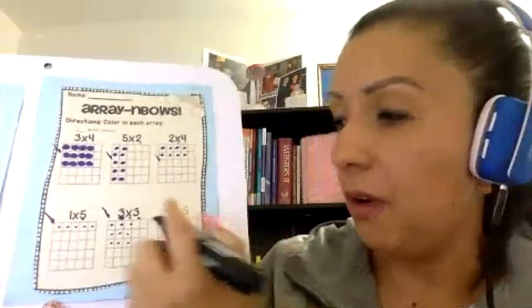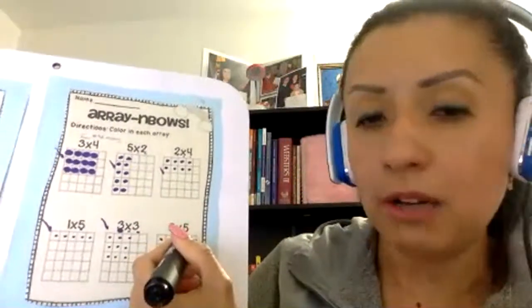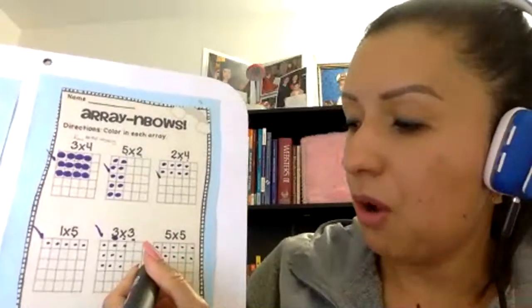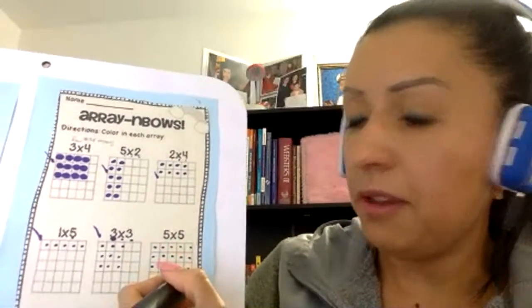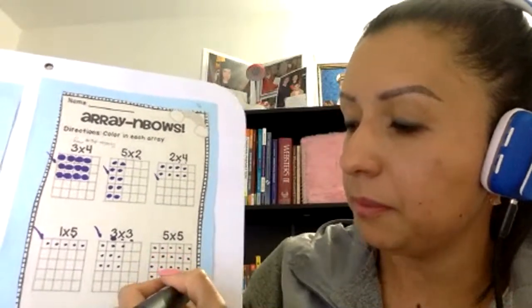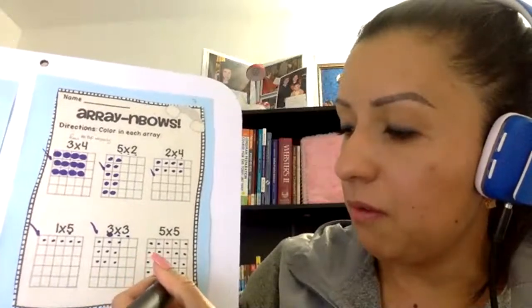Very good. Now, 5 groups. 1, 2, 3, 4, 5. 1 group. 1, 2, 3, 4, 5. 2 groups. 1, 2, 3, 4, 5. 3 groups. 1, 2, 3, 4, 5. 4 groups. And then 1, 2, 3, 4, 5. 5 groups.